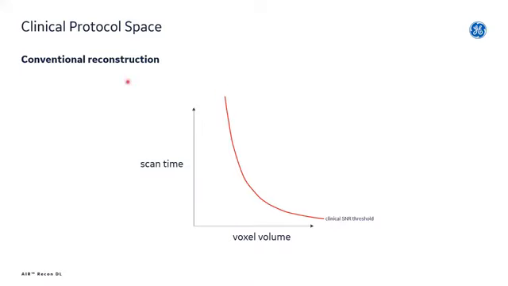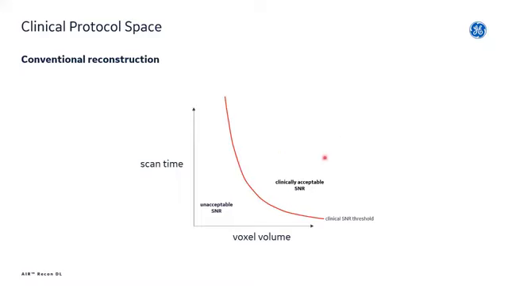For conventional reconstruction, with an SNR of some fixed quantity, as shown in red here, let's regard this as our clinical SNR threshold, such that any protocol to the left-hand side results in unacceptable SNR. So think of it as any protocol with too short of a voxel volume or too short of a scan time is going to deliver unacceptable SNR, but anything on the upper side of the curve gives you acceptable SNR.